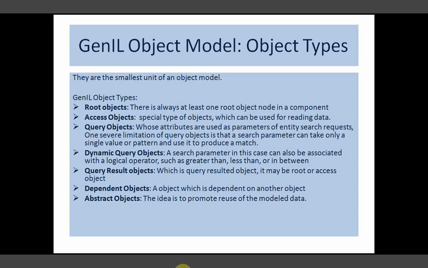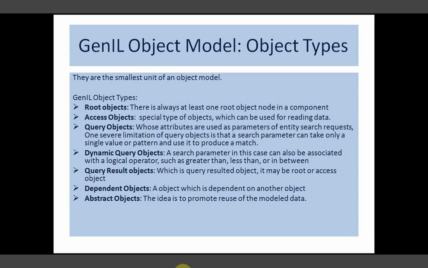Based on the rules, the developer has to embed the data according to the business requirement. Let us see what the GENIL objects are and their roles. The primary one that we need to discuss is the root object.